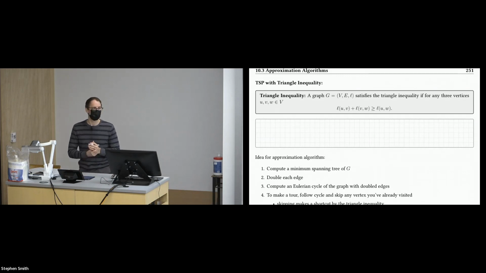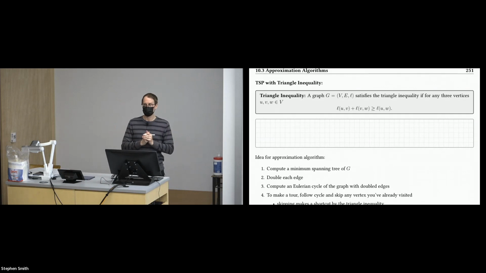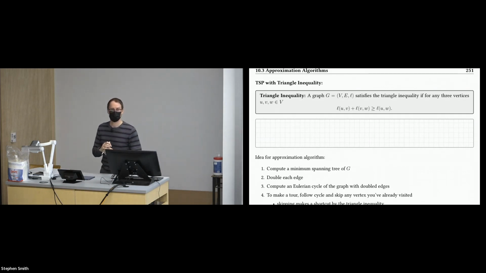We talked about this before, but it's just the TSP, the traveling salesman problem. You have a complete graph with edge lengths, and your goal is to find the shortest tour that visits each vertex exactly once.